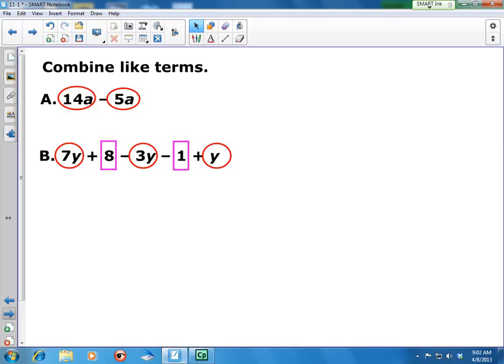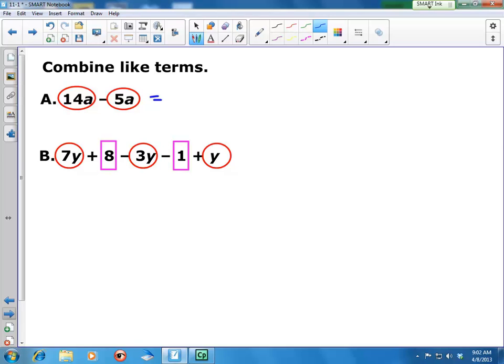All right, let's take a look at our next slide. Combine the like terms. I took the liberty of circling, or grouping, the terms. On letter A here, we have 14a minus 5a. Now, we have to group the like terms on this one. The only kind of terms we have are a, so we need to look at the 14 and the 5.